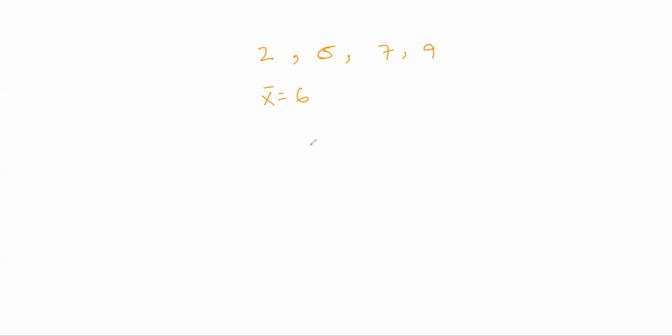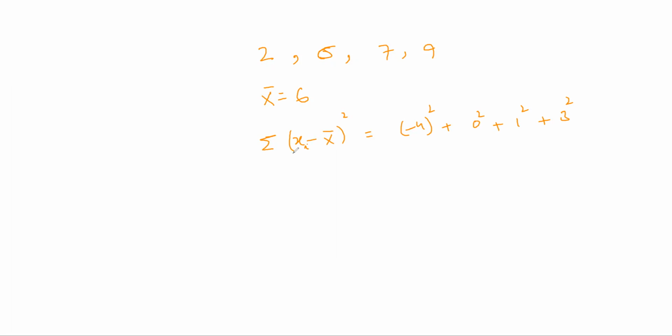Okay, so if you want to find x minus mean, I'm not writing that sigma sign over here. So that would actually mean 2 minus 6 is minus 4 square, plus 0 square, plus 1 square, plus 9 minus 6 is 3 square. You will have to find these values one by one, okay? And then you will add them.